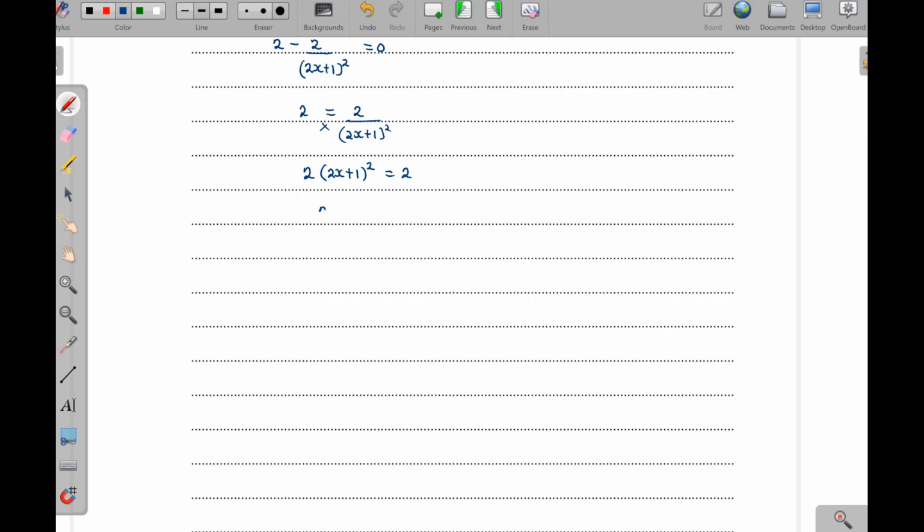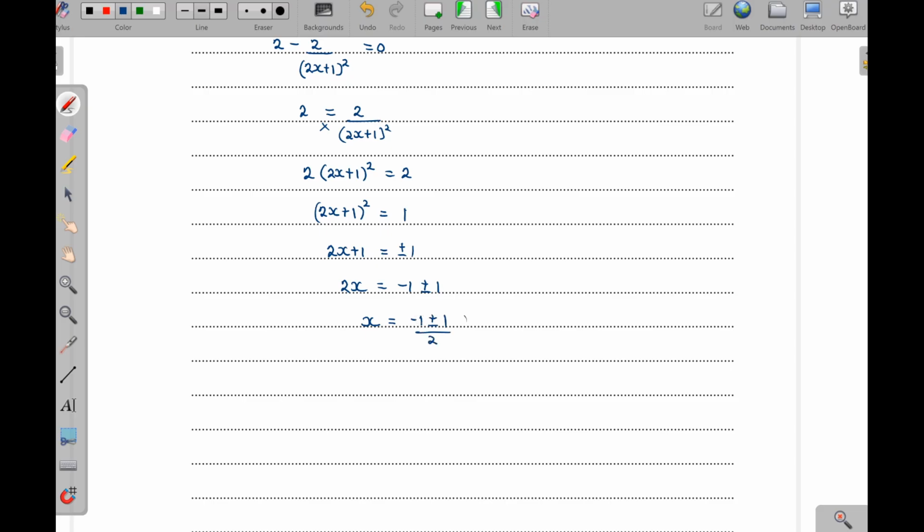We then have (2x plus 1) squared equal to 1. Then take the square roots on both sides. We shall have 2x plus 1 equal to plus or minus 1. Now take the 1 to this side. You have 2x equal to negative 1 plus or minus 1. Then x will be (negative 1 plus or minus 1) over 2.